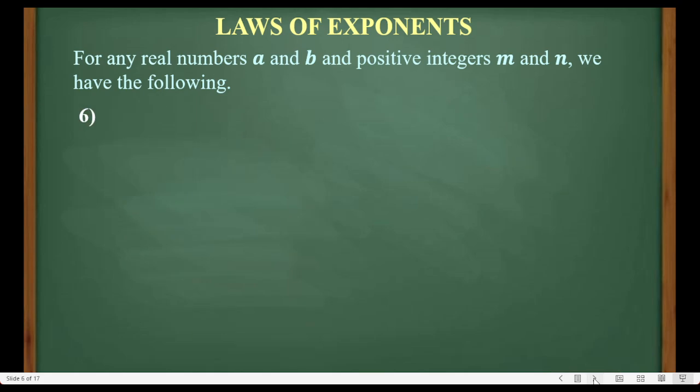And this is our sixth law, and we call it the power of a product law, which mathematically states that the product of a and b raised to the m will be equal to a to the m times b to the m.